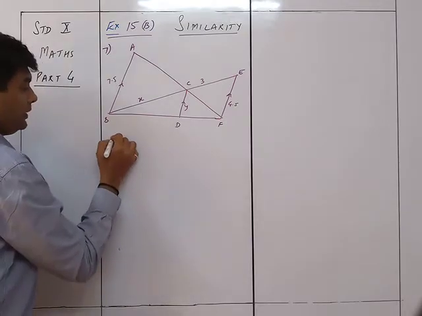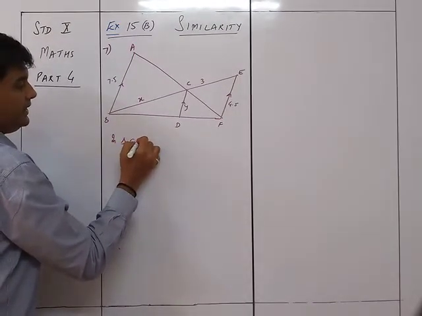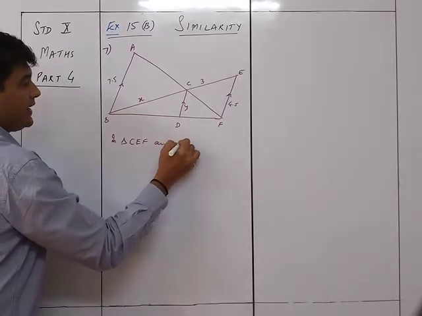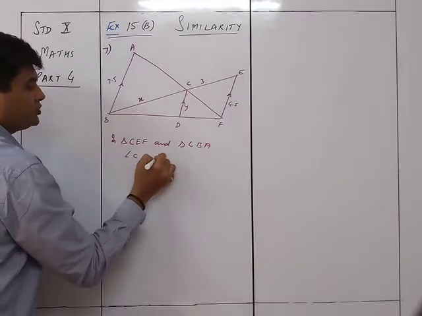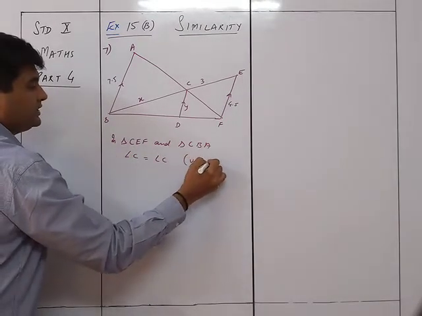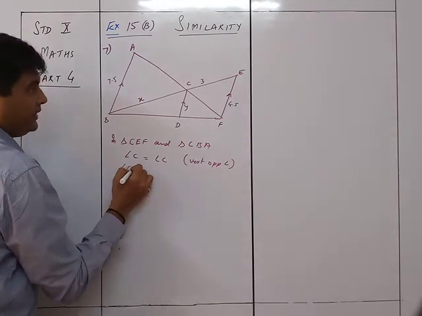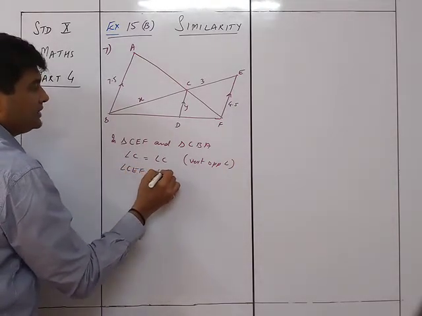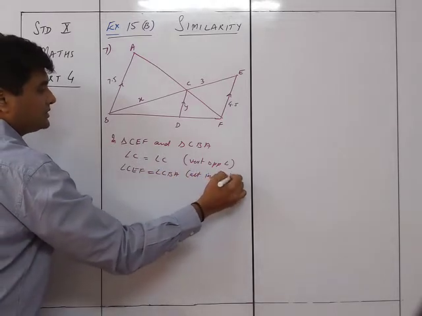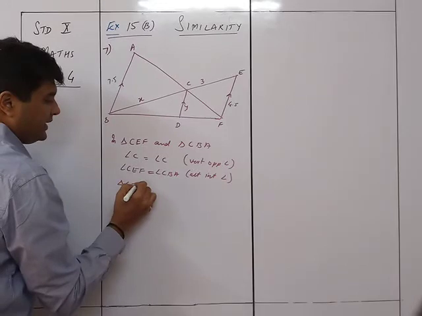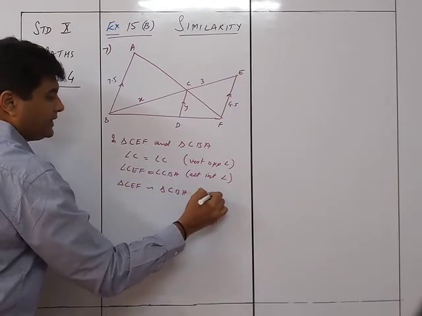In triangle CEF and triangle CBA, angle C is equal to angle C common, and angle CEF is equal to angle CBA, alternate interior angles. Therefore triangle CEF is similar to triangle CBA by AA test.